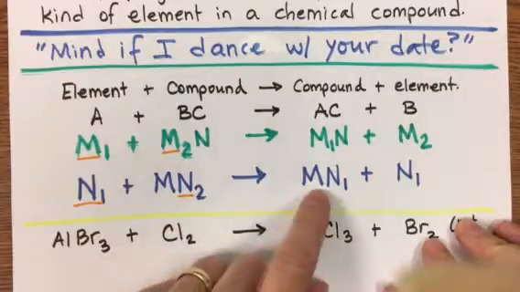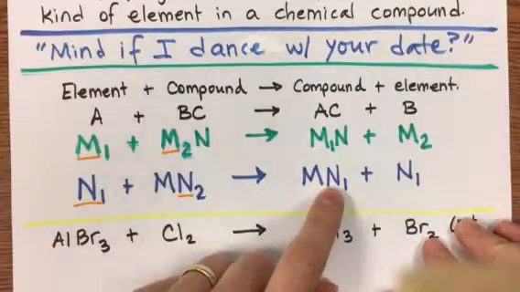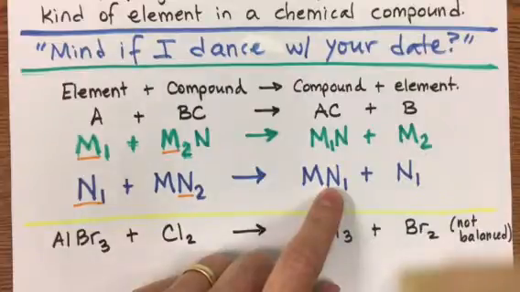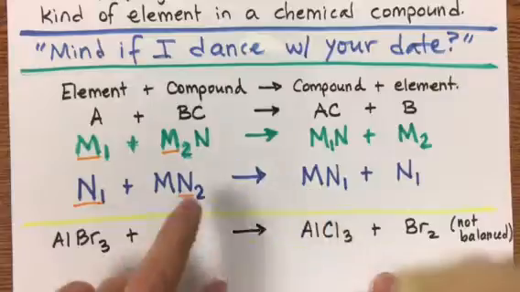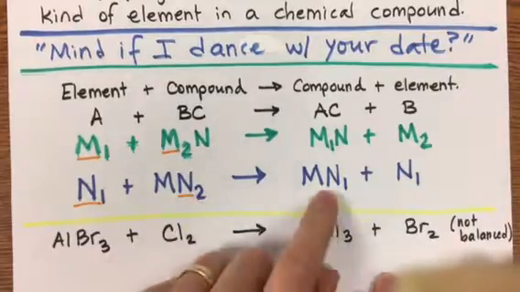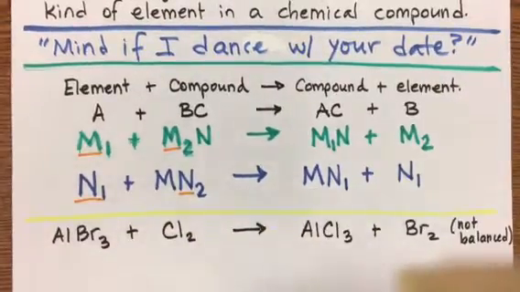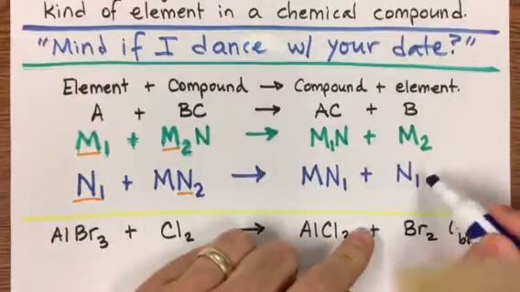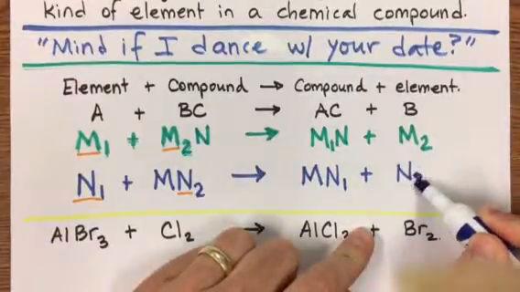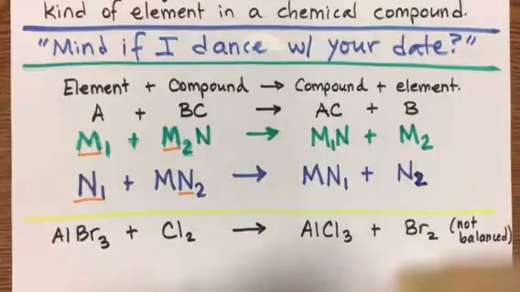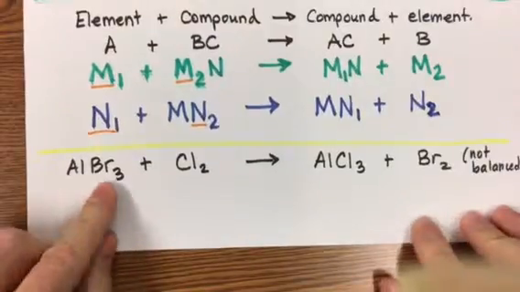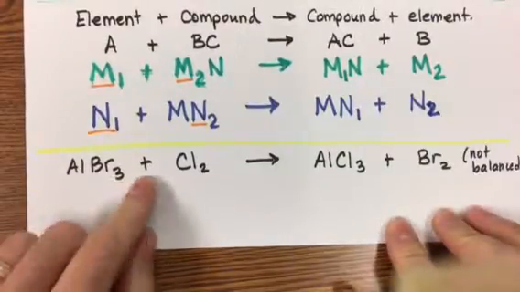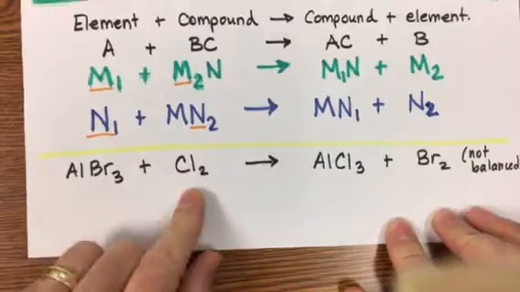During the reaction, nonmetal 1 goes and takes the place of nonmetal 2 in the compound, so now the metal is with nonmetal 1 instead of nonmetal 2, and nonmetal 2 is over here wondering what happened.